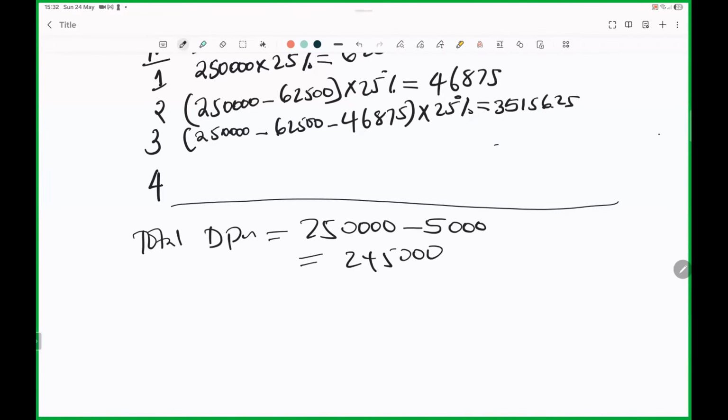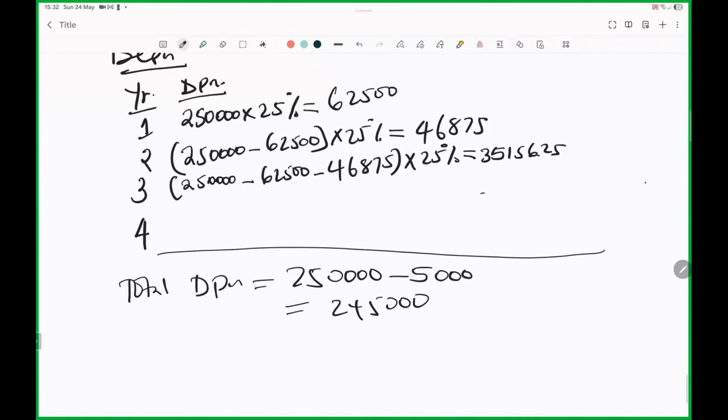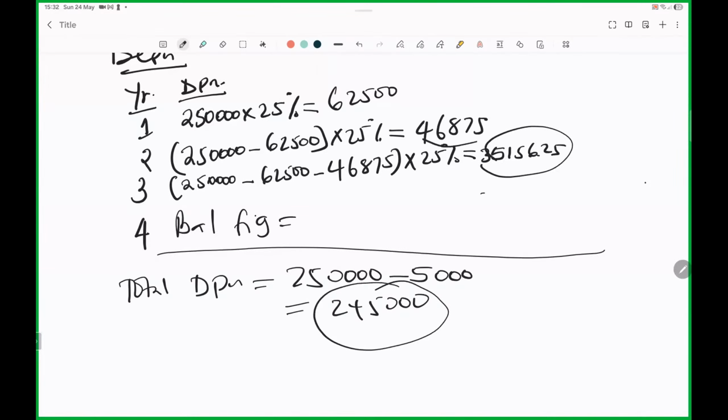So then ensure that this entire column, come and give me the balancing figure here. How do you get this balancing figure? Because all 4 depreciations must add up to 245,000. So it will be 245,000 minus this, minus this, minus this.